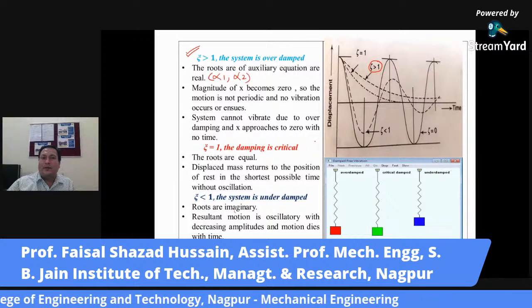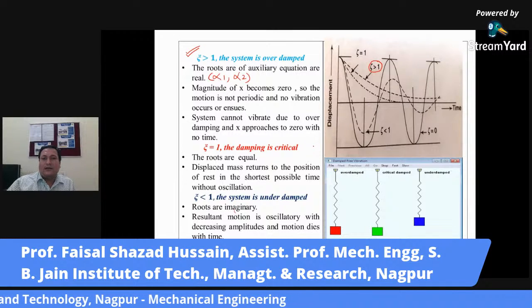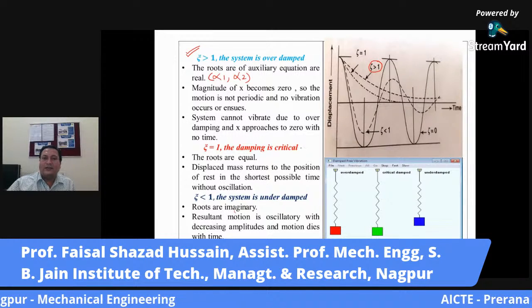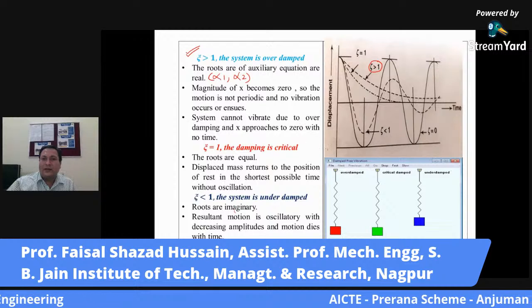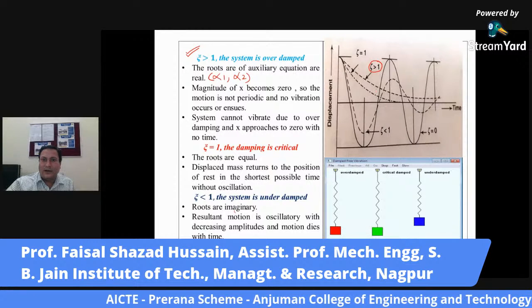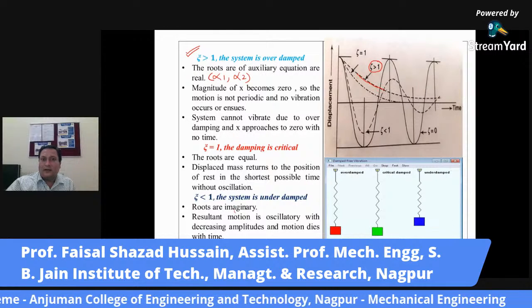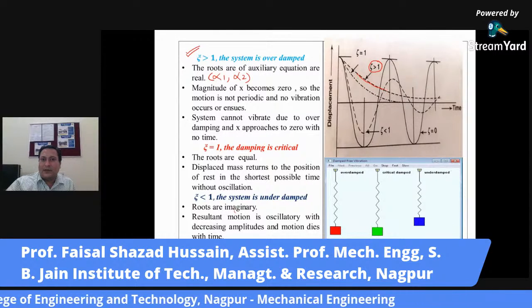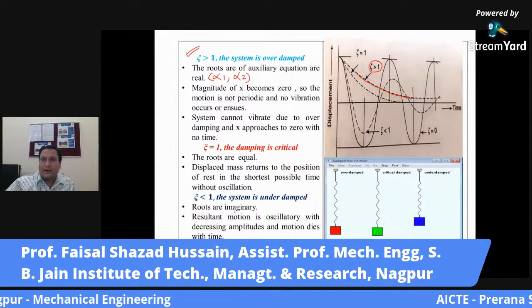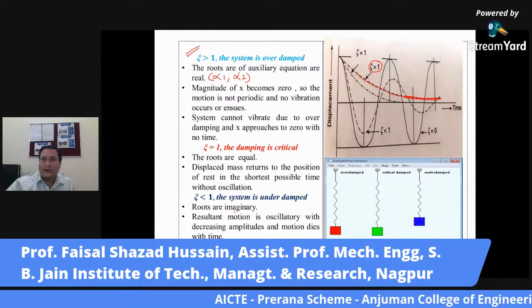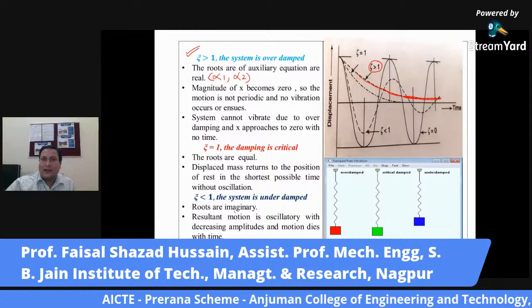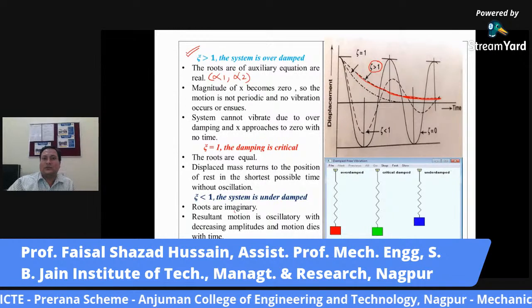And during overdamping, you can see that the system is not oscillating, it is not vibrating, it is slowly going through this curve. In this curve, you will find the damping is slowly going on, and with respect to time, the amplitude of x is reduced. Okay.